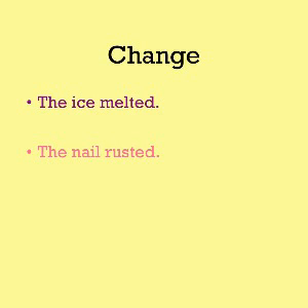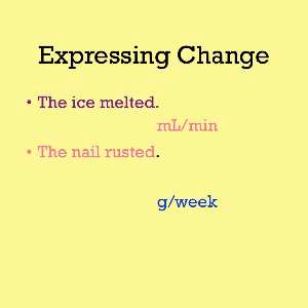Well, how would you describe to me how the ice melted? If you think about that, you might measure the volume of water that was produced, for example, from the ice's melting. And you might tell me that you would express that change as milliliters of water that formed every minute or every hour or something like that.